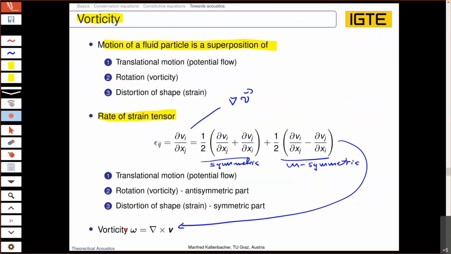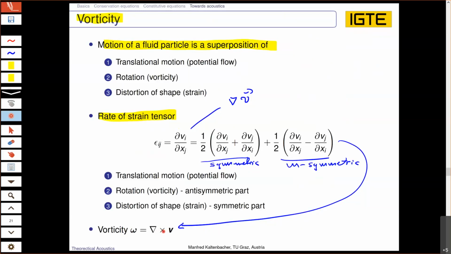And you can then show that this is the same as taking the curl of the velocity vector. So you see, out of the rate of strain tensor, from the unsymmetric part, we get the vorticity, and we can also rewrite it as the curl of the velocity vector. And the curl always gives you the vorticity strength, generally speaking, for any field. You can also have an electromagnetic field.